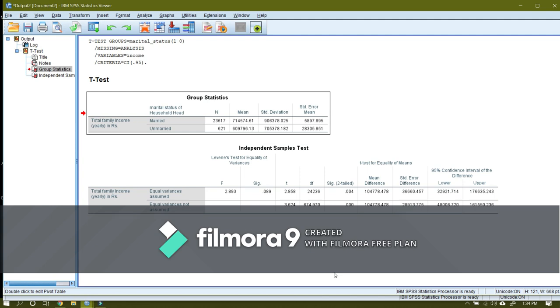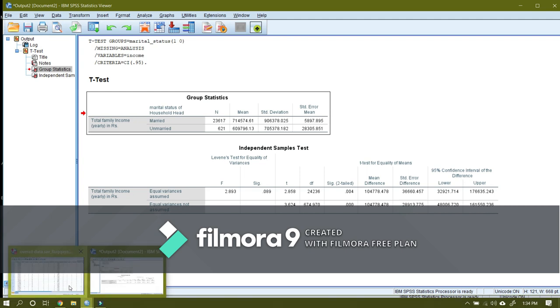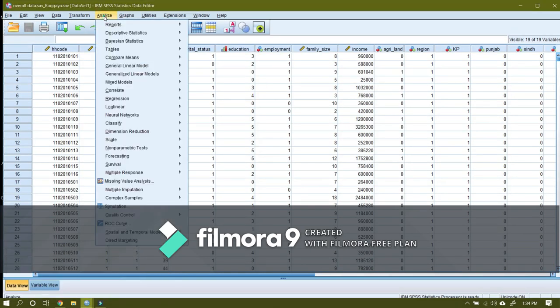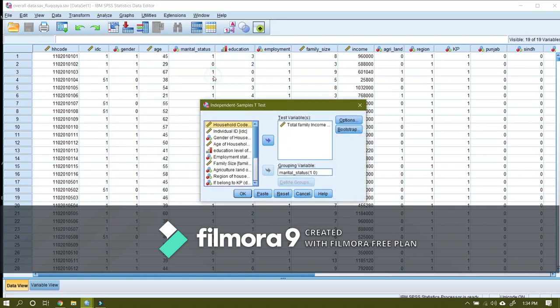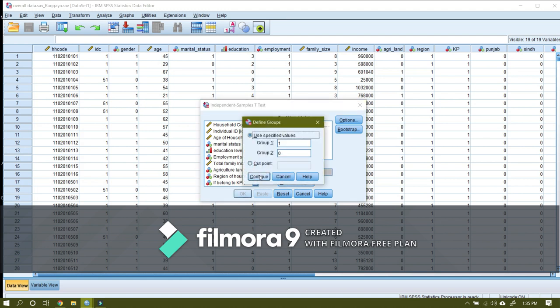We can also test the same for another variable, and let us suppose this time I am testing the household heads' family size. So let me move it here, and let me send the other back, because this time I'm interested in testing the family size, and this time I am checking the average family size for the groups of male and female headed households, and yes, 1 and 0 is okay.